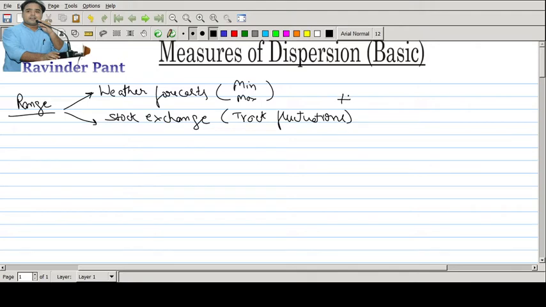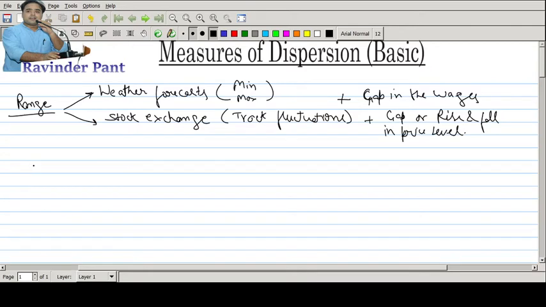Apart from these two, there are many other uses also, like when you try to find out the gap in the wages, and sometimes it is used to track the gap or rise and fall in price level. So these are some of the uses of range as a measure of dispersion.